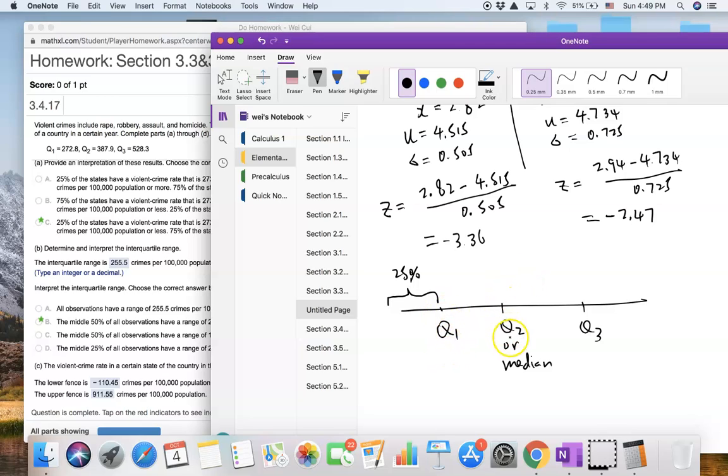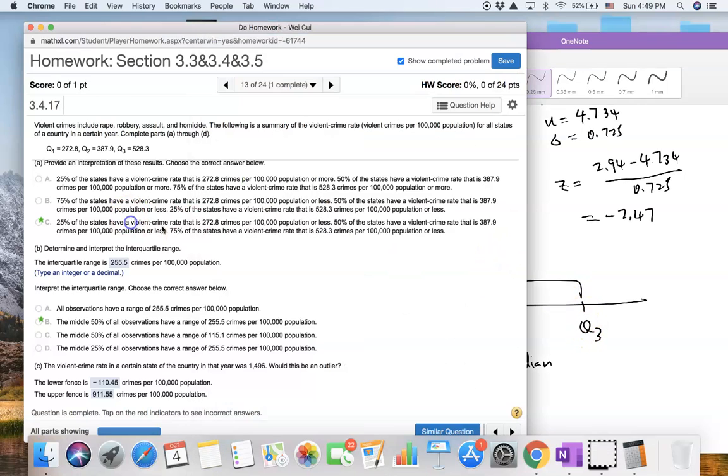And for the second quartile, or the median, it indicates 50% of the data values are going to be less than this number. And for the third quartile, it indicates 75% of the data values are going to be less than this number. So that's why we choose C.